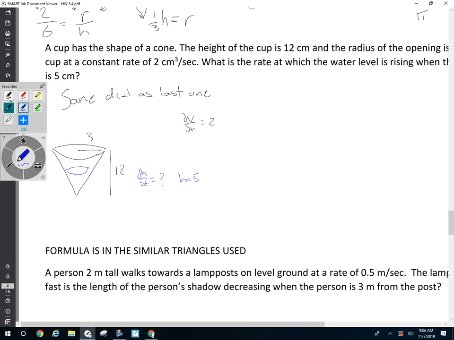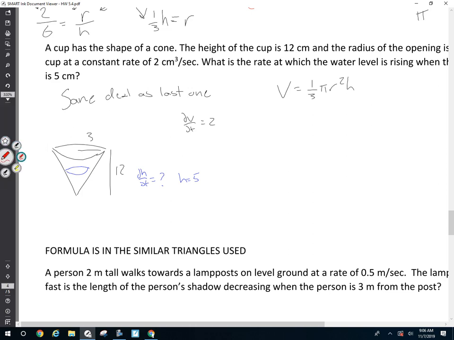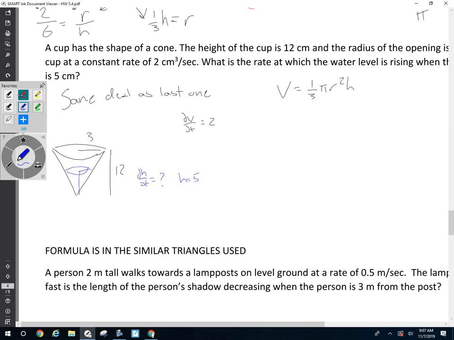You can't use h as a fixed value because it's not. Instead, what is fixed is the ratio of the height of the cup and the radius of the cup to the height of the water and the radius of the water. I could have put the blue line on the other side.